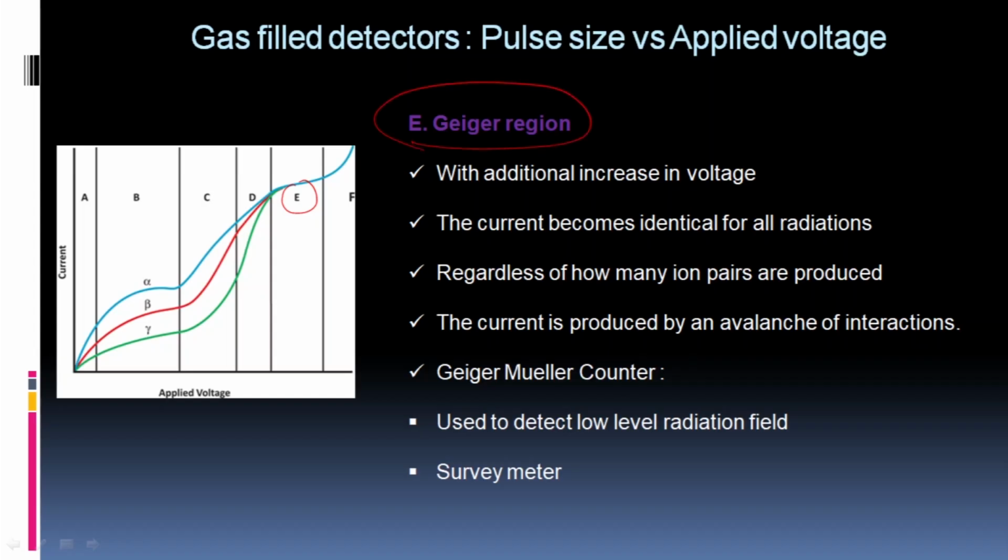Now what happens? With additional increase of voltage, the current becomes identical for all radiation. This means the current is actually produced by a cascading effect, or you can say avalanche interactions. An avalanche is a very common natural disaster that happens in high altitude regions like the Himalayas. If we create one event, that will create multiple events, and it will be a disaster.